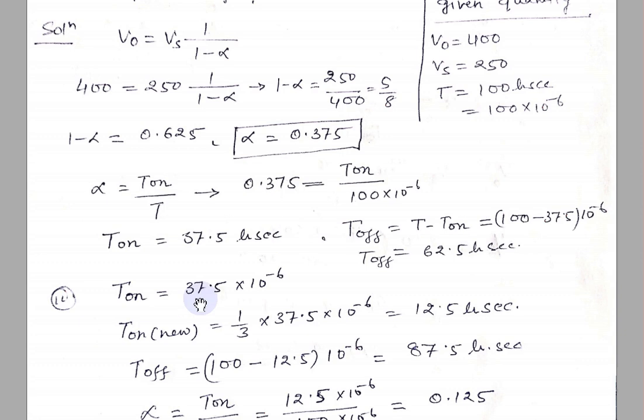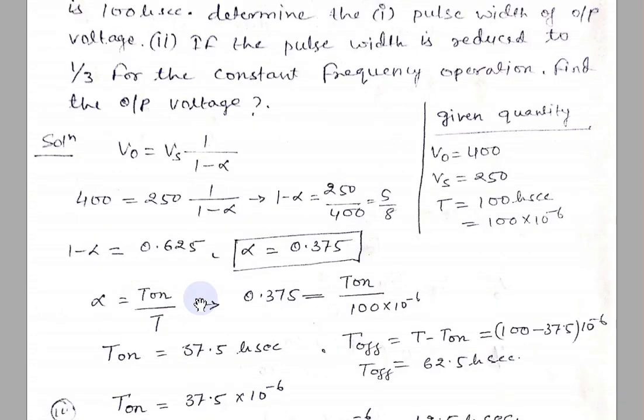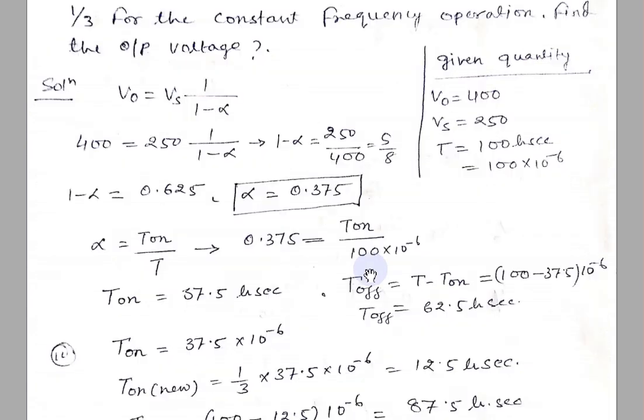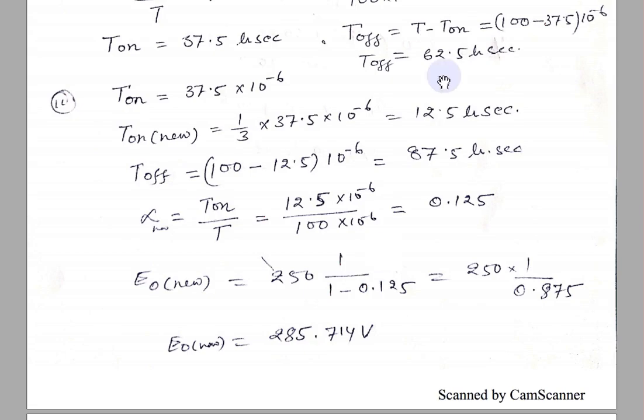Now case 2. The pulse width is reduced to 1/3 for constant frequency operation. Constant frequency operation means our total time period is constant and T on is different. Our T on is 37.5 microseconds; we reduce it to 1/3 and get the new T on, which is 12.5 microseconds. The new T off is 87.5 microseconds, because the 100 is constant.